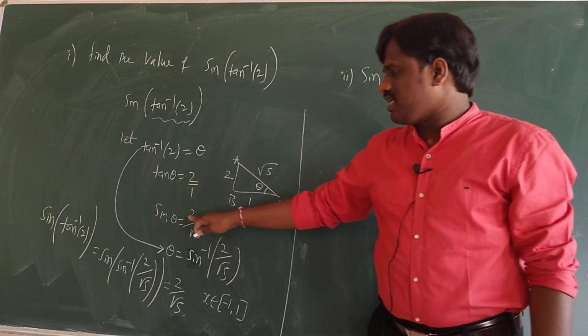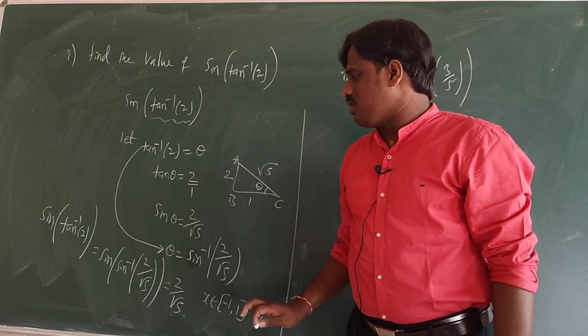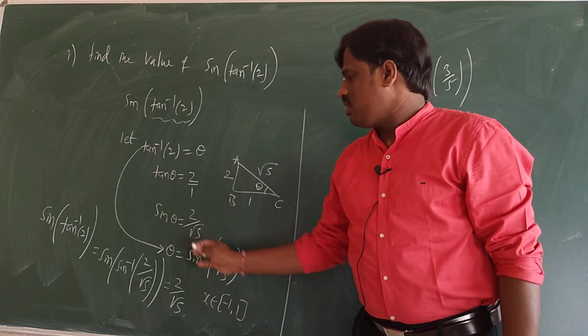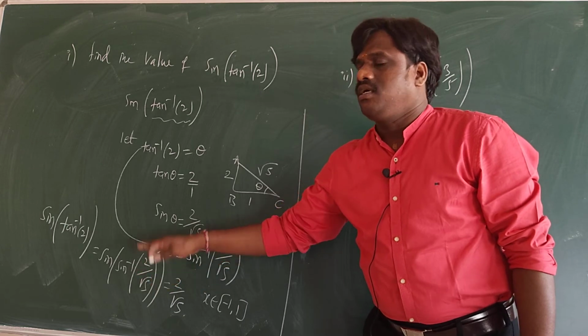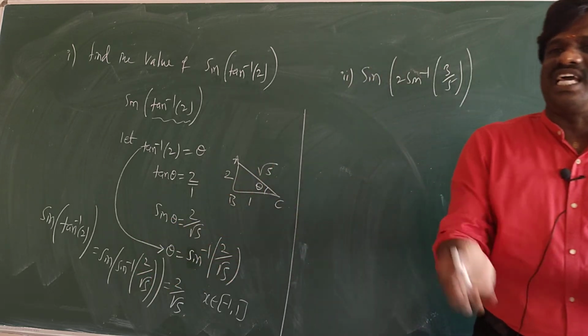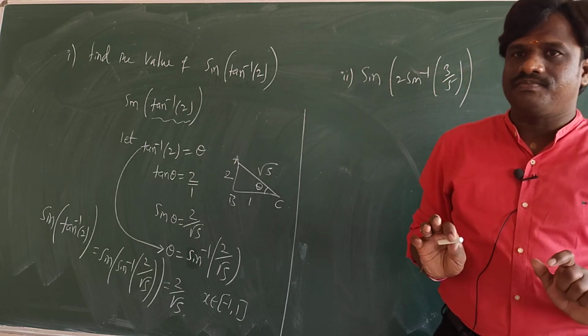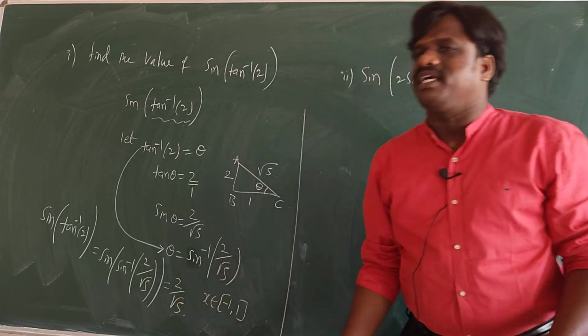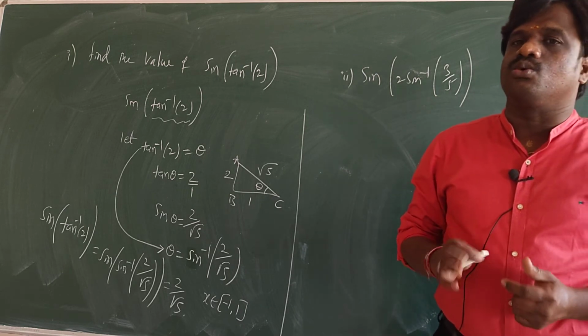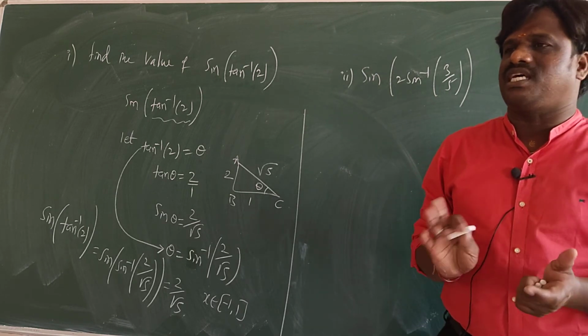So I changed to sine theta, theta is nothing but tan inverse 2, and tan inverse 2 changed into sine inverse. So sine of sine inverse x is x when x belongs to -1 to 1. This is between -1 and 1, so directly the answer is 2 by root 5. This is how it comes in the board exam.